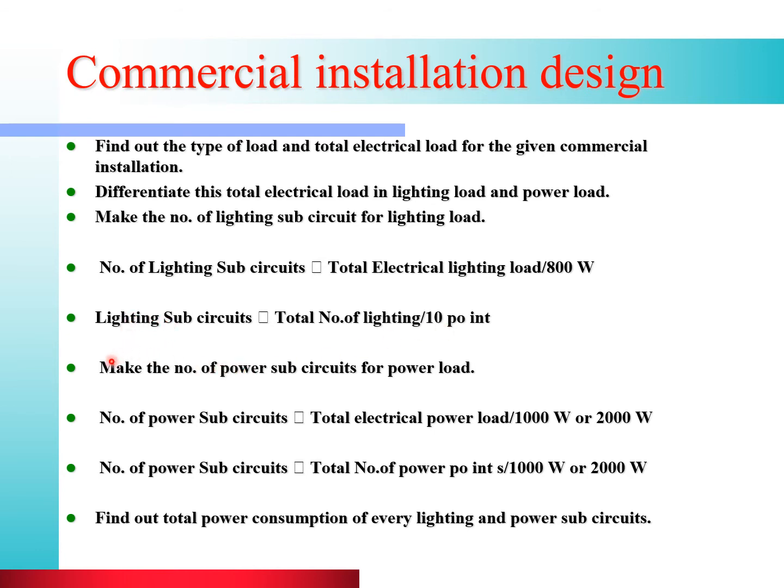Then make the number of power subcircuits for the power load. Number of power subcircuits is equal to total electrical power load divided by 1000 watt or 2000 watt as specified in the design, or it is also calculated as total number of power points divided by 1000 or 2000 watt as specified in the design.